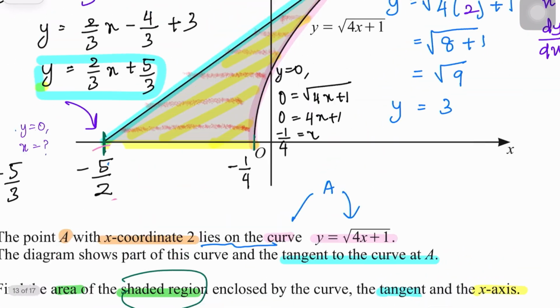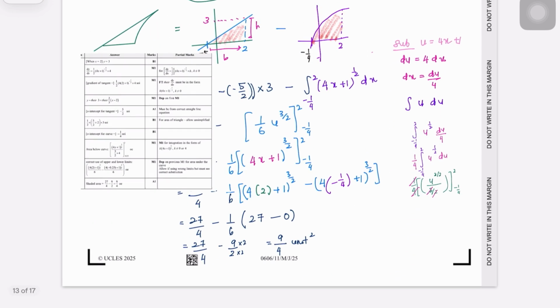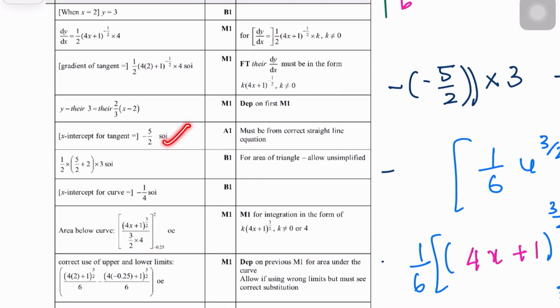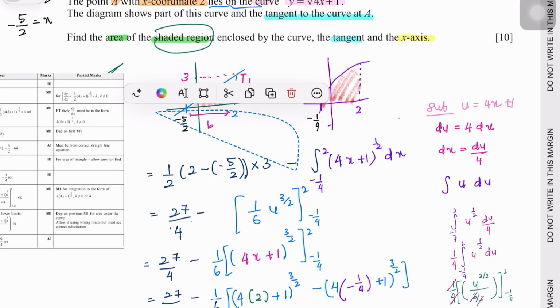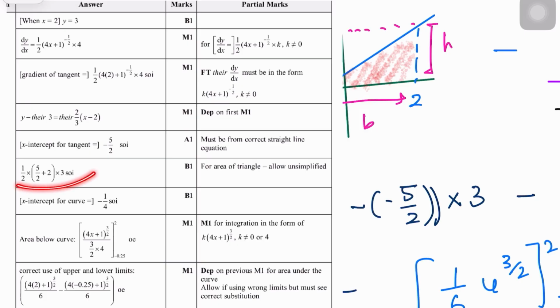3 marks, right? So equation of a tangent, 1 mark. Our gradient, 2 over 3, is our gradient, 1 mark. At our x, it's going to be equal to negative 5 over 2. So that is here. And then we do the area of the triangle. Area of a triangle, this part, this is 1 mark.